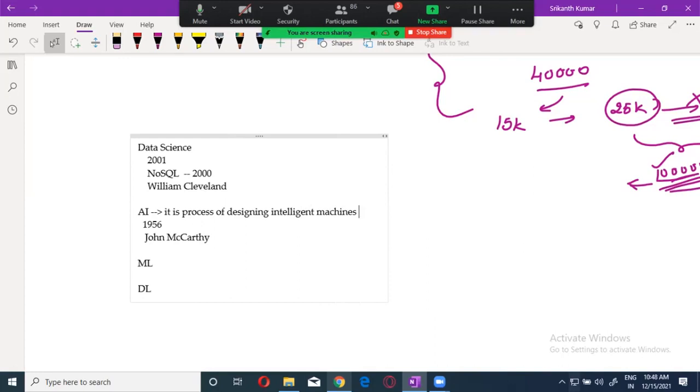So what is intelligence? On the earth, there are millions and millions of organisms. Who is the most intelligent? Humans, right? So John McCarthy said it is a process of designing intelligent machines which can mimic humans. That is what he meant by this.